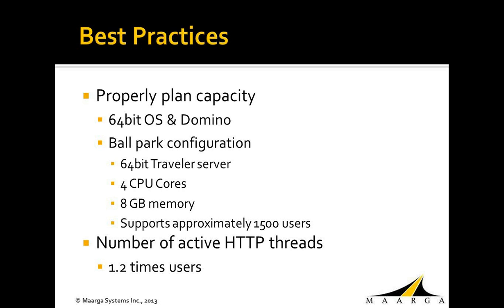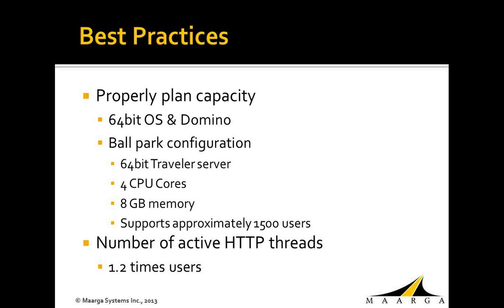Almost all virtual machines and physical servers come with tons of memory. And because Traveler makes use of the HTTP task, it is a memory-consuming application. So it is always good to go with the 64-bit OS and Domino, so that you can make full use of the available memory on your server.